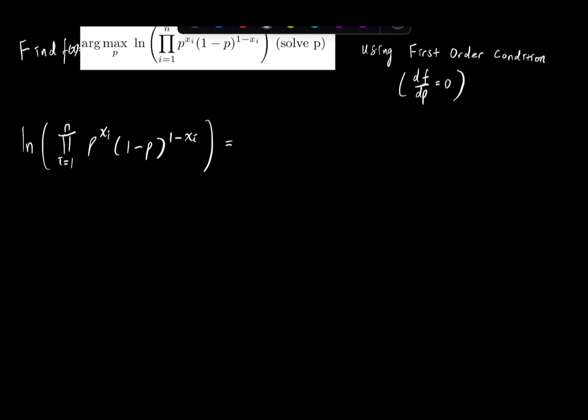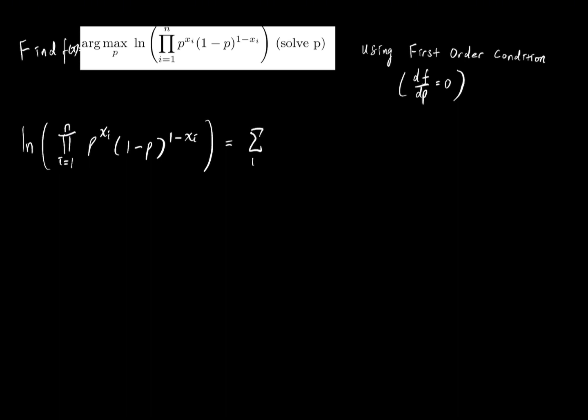Okay, now with that in mind, let's bring the natural log into the brackets. Remember the property of natural logs, or logs in general: when you have products of something and you take the logarithm of it, it's just the summation of the logs of that thing. I hope that makes sense.